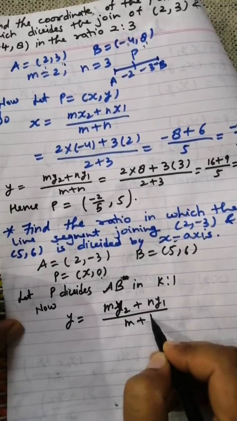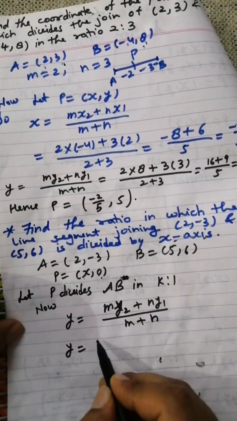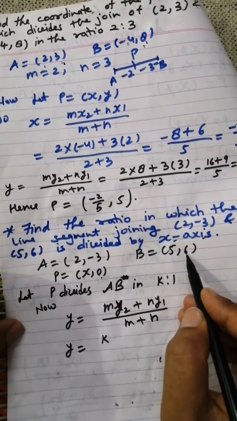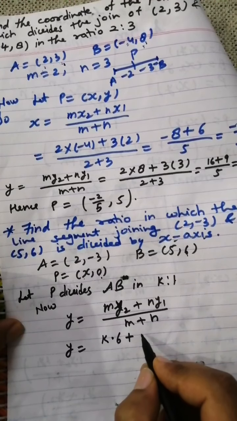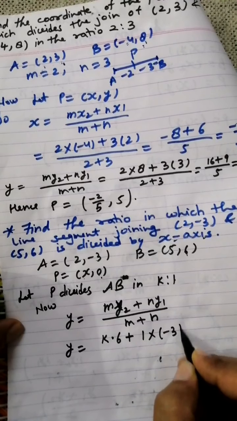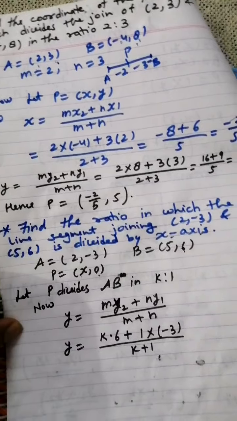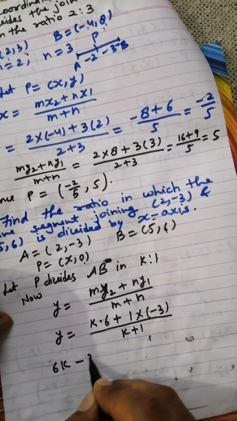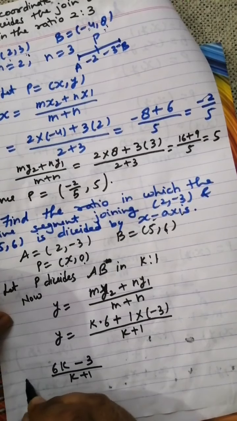That is the formula. But here you can see y equals my2. M is k, y2 means 6. So k into 6 plus n means 1 into y1 means -3, divided by m plus n means k plus 1. So this term will be 6k minus 3 upon k plus 1, but it equals y.